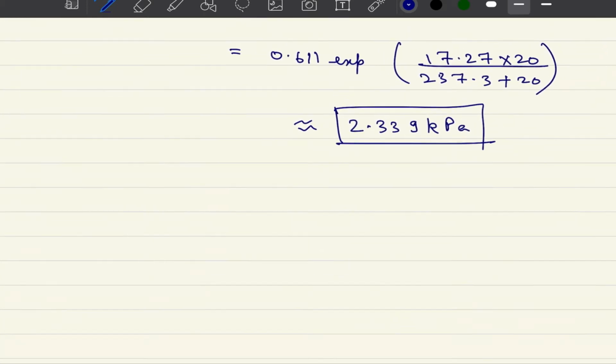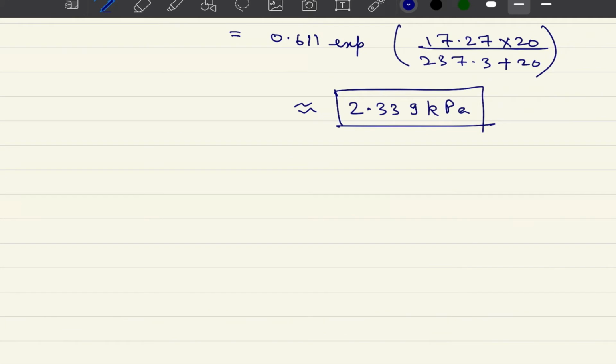You can check these calculations, but according to me, these values must be closer to the numbers that I am mentioning here. Now, the second thing that we can calculate: we already know the wet bulb temperature. From it, we can calculate the actual vapor pressure that air is exerting, because this air is at a temperature of 16 degrees Celsius and it is falling along the saturation line, because that's how we measure the dew point temperature using that wet bulb thermometer.